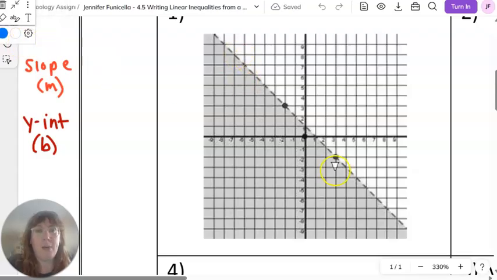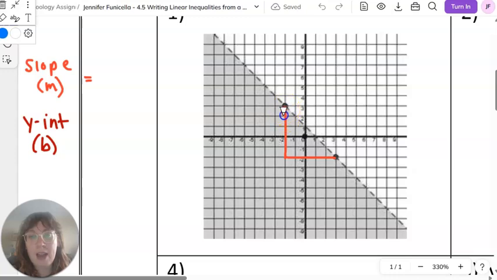So, in this line, the first thing we can notice is we can figure out what the slope is. So from one point to the next, and maybe you use the 2 points that are highlighted, or you can use other points that you see. I'm going to stick to using these points and draw a little slope triangle. You can use your pen tools, draw all over these graphs.